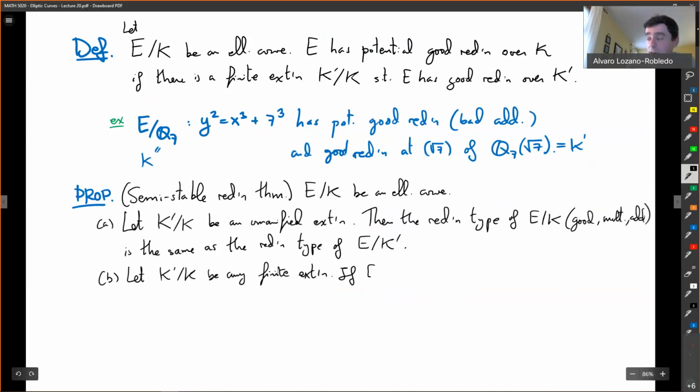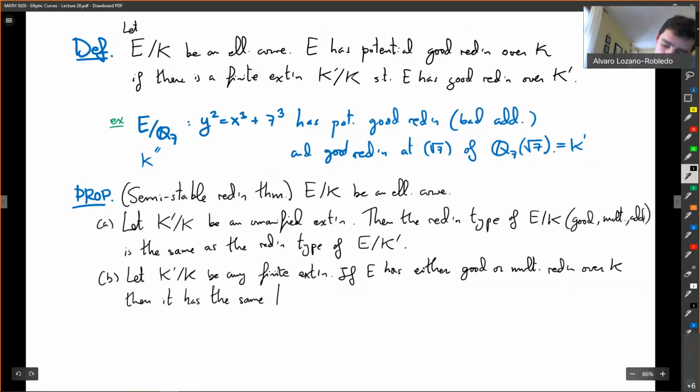If E has either good or multiplicative reduction over K, then it has the same type of reduction over K prime. So under any finite extension, if you have good or multiplicative reduction, you are not going to be able to change it.